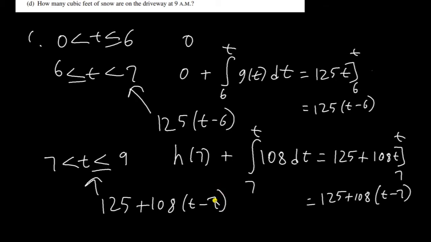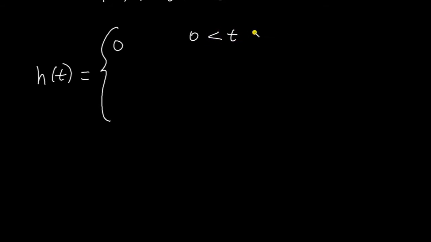Okay? All we've got to do is put these pieces of information together in a piecewise function. So we'll say that h of t equals 0 for 0 less than t less than or equal to 6. And then for t between 6 and 7, we'll get 125 times t minus 6.